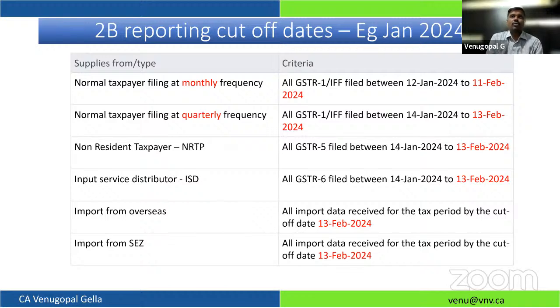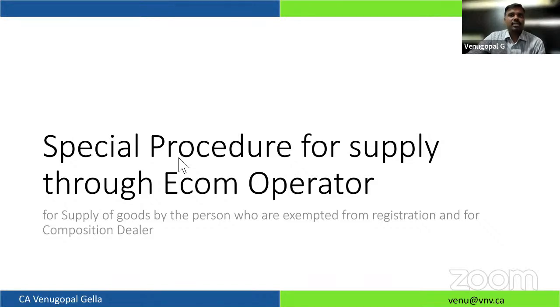Moving further, the special procedure for the unregistered person, or persons who are exempted from registration, or the composition dealer who wants to make a supply through an e-commerce operator.